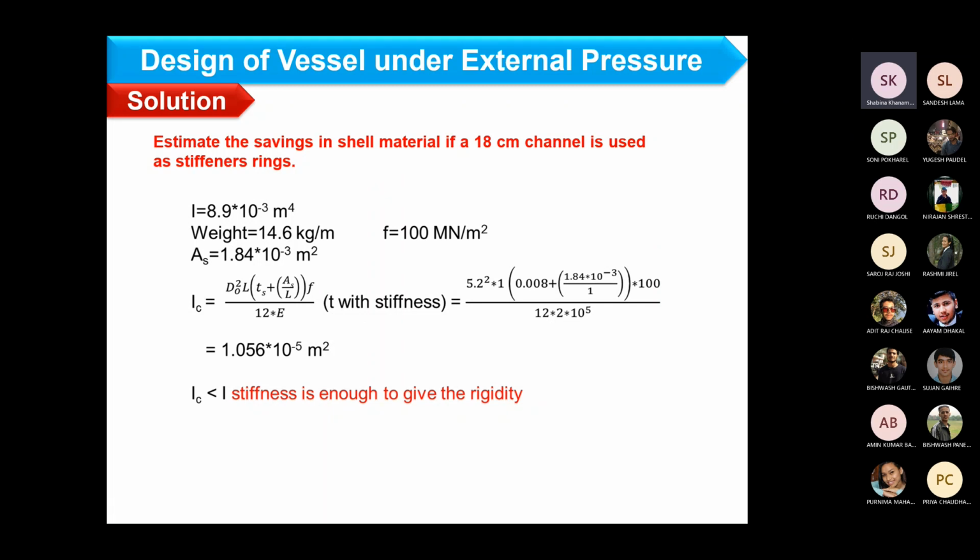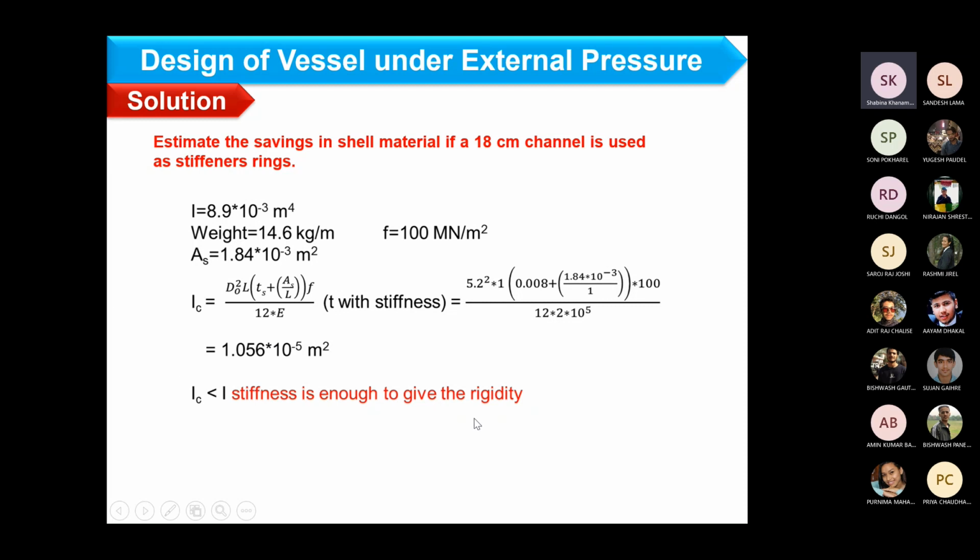Therefore this t shell should be with the stiffener, that is 8 mm, right? So in that case, all parameters are given to me, so that is 1.056 times 10 power minus 5.